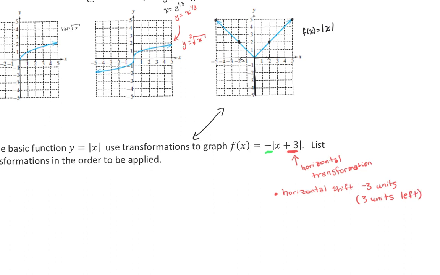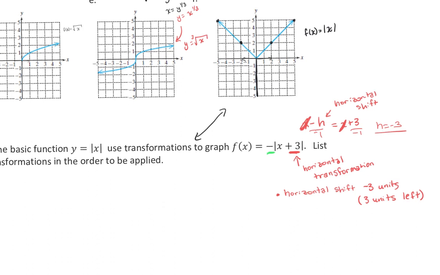And the reason for that is because typically this is written as x minus our h, or our horizontal shift. So if we have x minus h is x plus 3, we know that if we get rid of these x's, our opposite horizontal shift is +3, which means our horizontal shift is a -3.